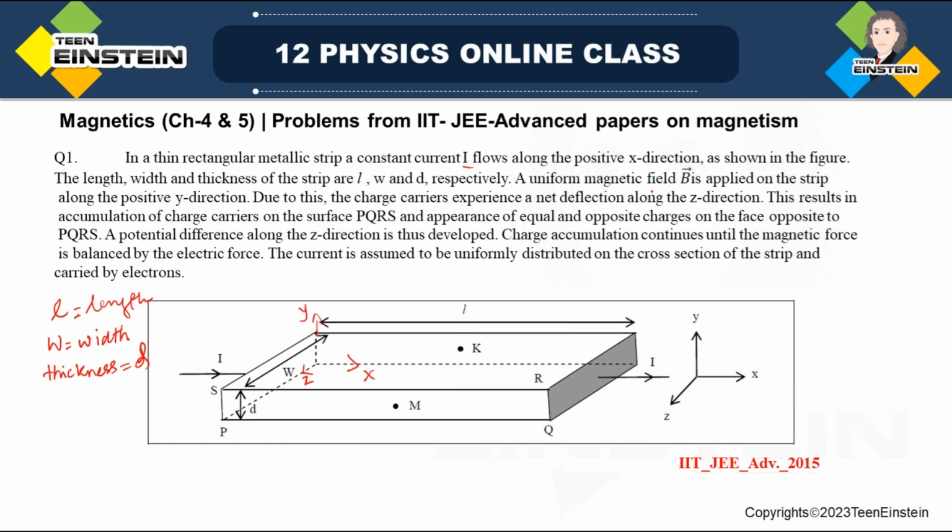A uniform magnetic field B is applied on the strip along the y direction. If this is the horizontal xy plane, then the magnetic field is applied just top to bottom, kind of.